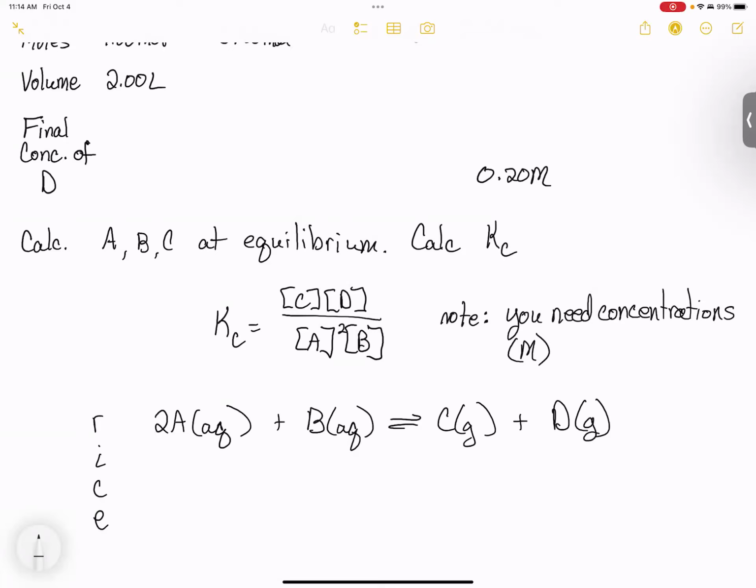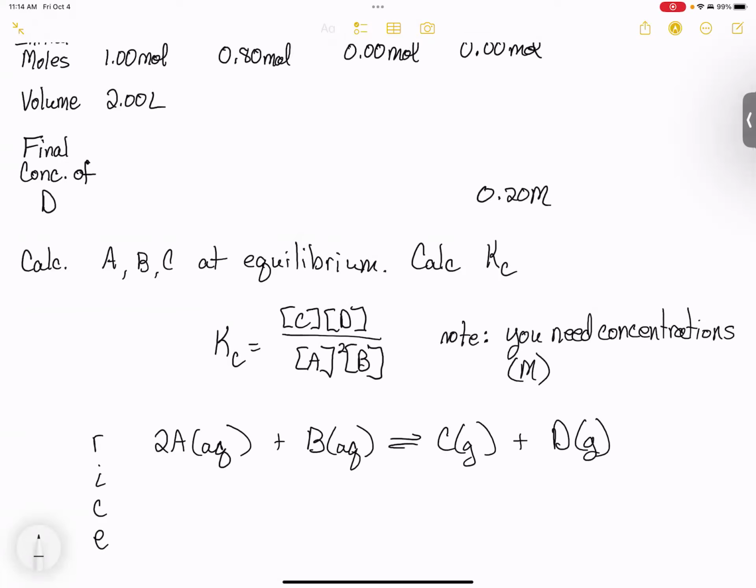So the first thing you need to do is convert all of your moles into concentration by taking those moles and dividing by the volume in liters. So for A, we have 0.50 molar. For B, it's 0.40 molar. For C, it is still 0.00 molar. And for D, it's 0.00 molar.